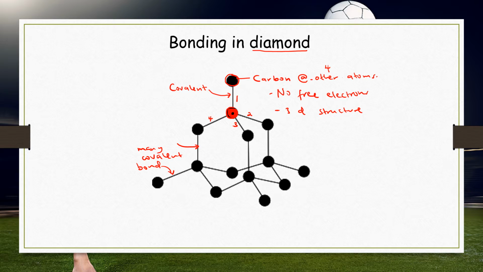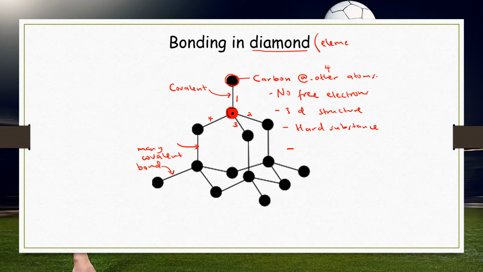So as such, diamond is basically a hard substance, and it has a very high melting point. We had seen that most covalent substances have low melting points, but in this case we're having a covalent element.